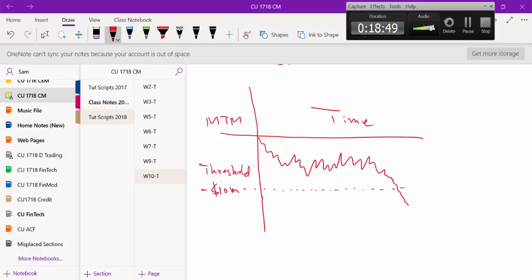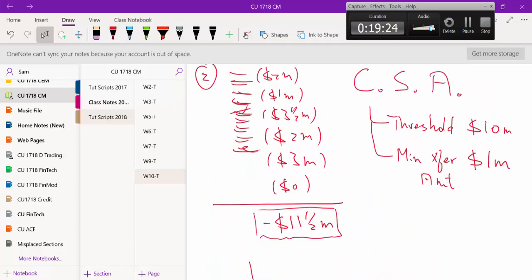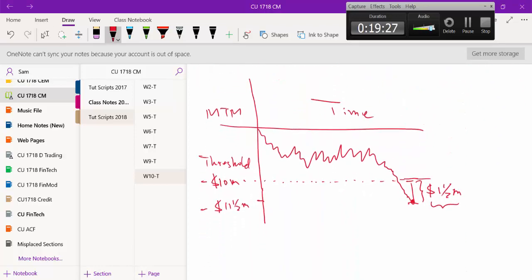So right now, at this point, your mark to market is minus 11.5 as of this moment. So they will simply ask you to pay this gap here. What is the gap? 1.5 million. Thank you. So they will ask you, but they will ask another question. Okay, we want you to pay this, but is this actually bigger than the minimum transfer amount? So they will ask you to pay 1.5 million.